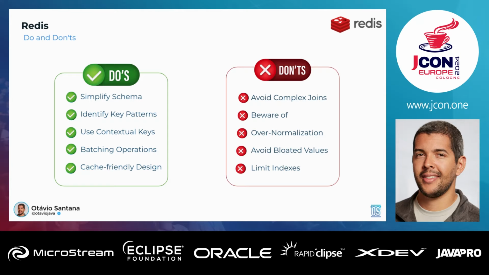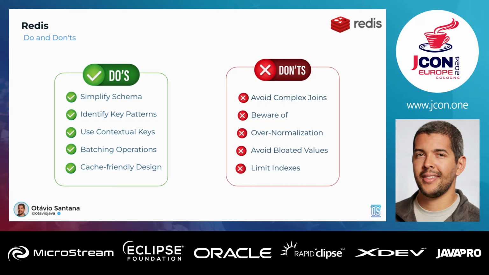Here I put the dos and don'ts with Redis. I'll go through them quickly. Of course, once we talk about a key value database, you can explore a super simple schema and explore the keys, because you don't have another option, by the way. Use the concept of keys, operating and batching with this database.